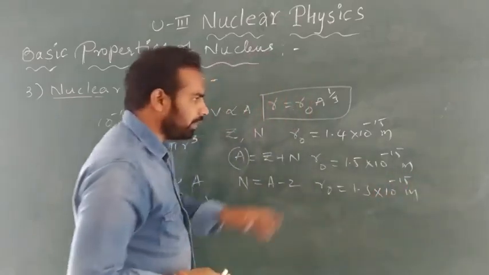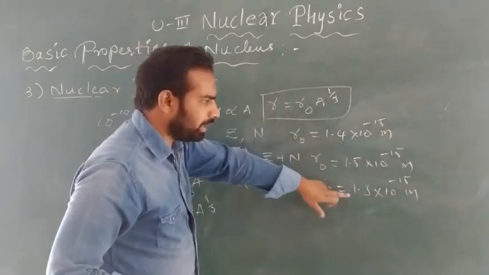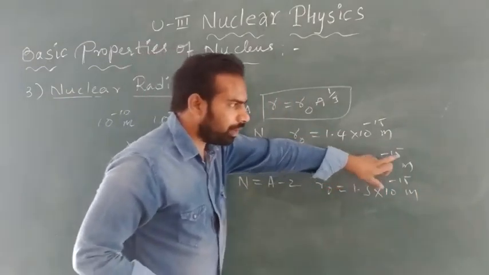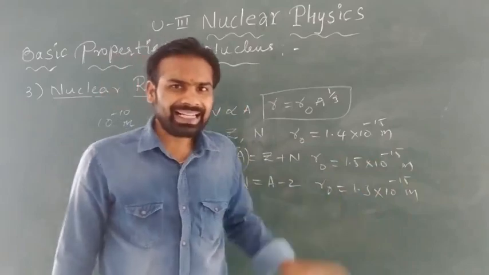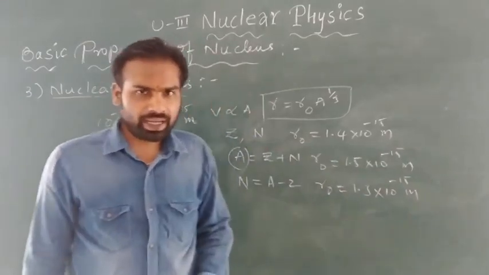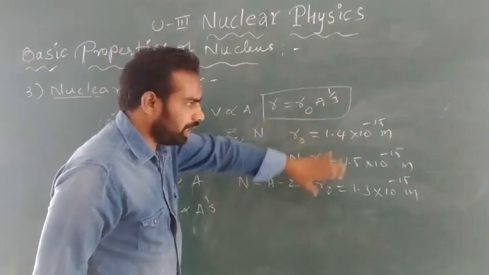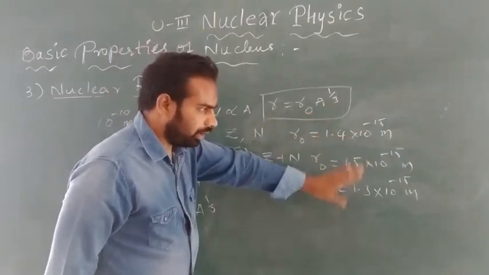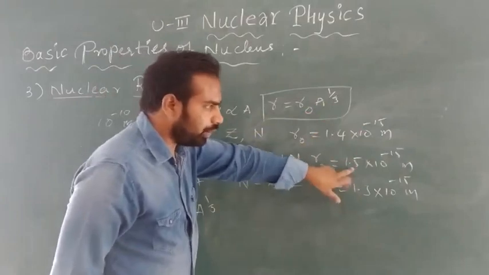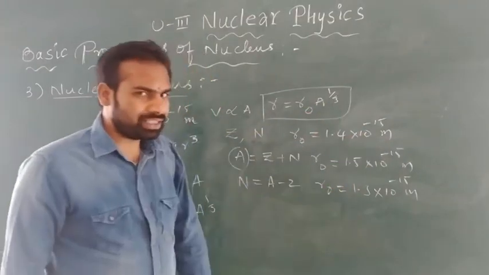Its value ranges from 1.3 to 1.5 into 10 power minus 15 meters. R is equal to R naught A power 1 by 3.